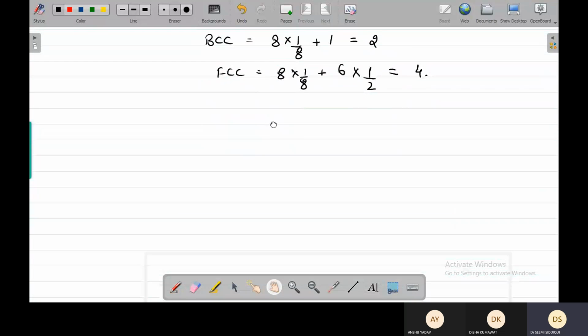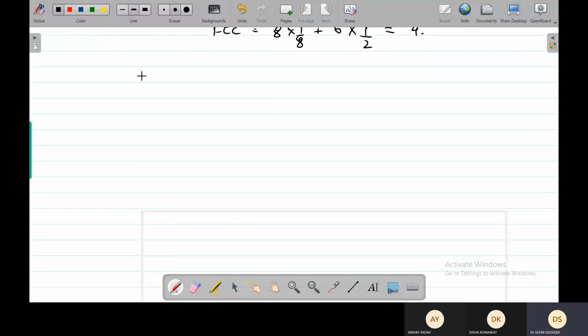Another thing, if we talk about the density of the unit cell, then the formula is D equals Z into M divided by A cube multiplied by NA, where D is the density. Over here, A is given in centimeter, M is the mass, and NA is the Avogadro's number.